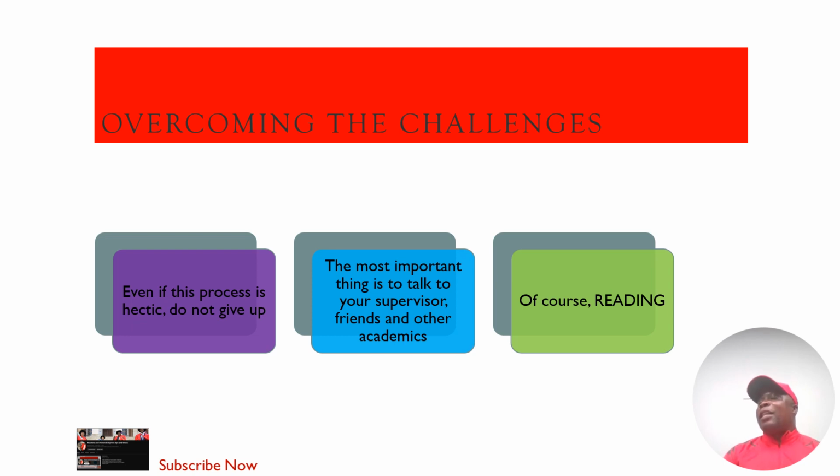And in most cases, they will even suggest some of the theories that you need to read, which are very relevant to your topic. That is one of the advantages of talking to academics, especially people that are in that field.